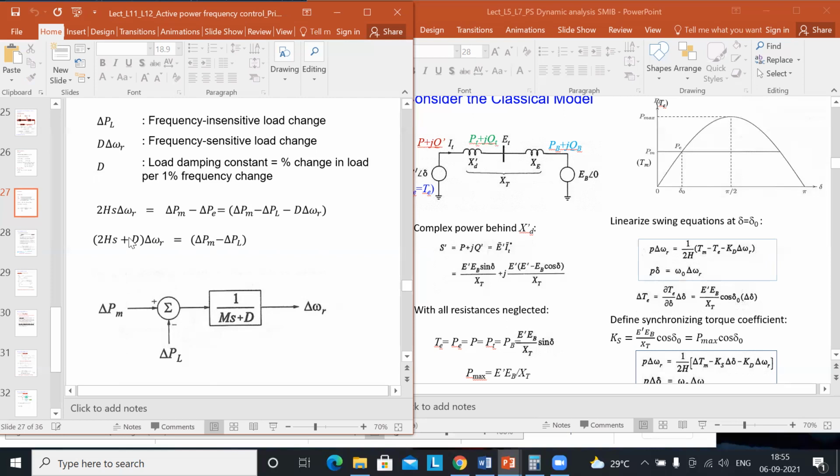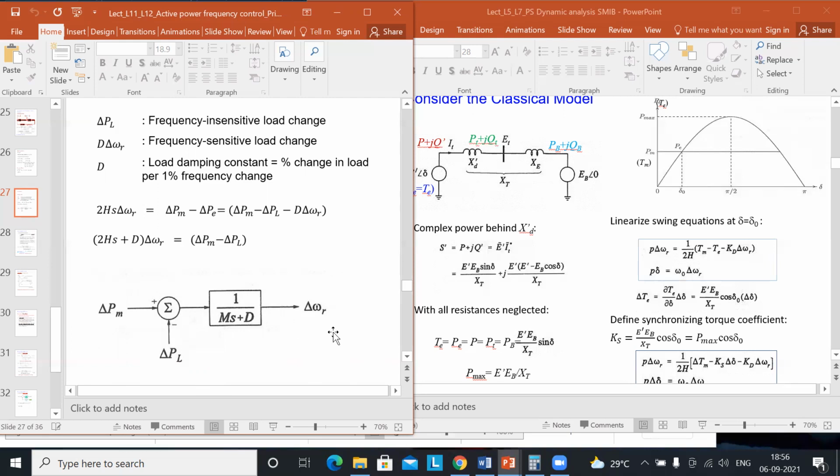Here you have 2 times the inertia constant, that is M and s, and this is D, the load damping constant. This is how we represent a classical model of a generator by 2 differential equations, the simplest model for generator dynamics.